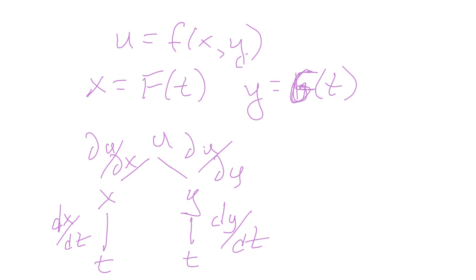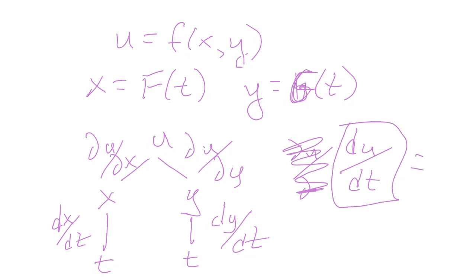So if I wanted the derivative of u with respect to t, not partial, it's not a partial, because there's only one variable at the end. So the question is, how do we do that? Once again, we'll follow this down.